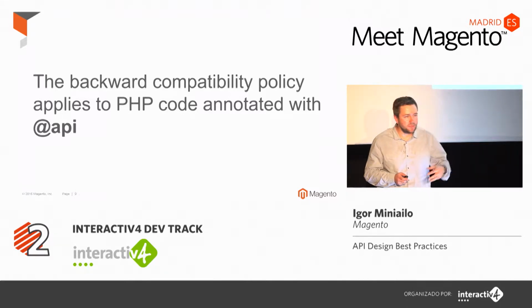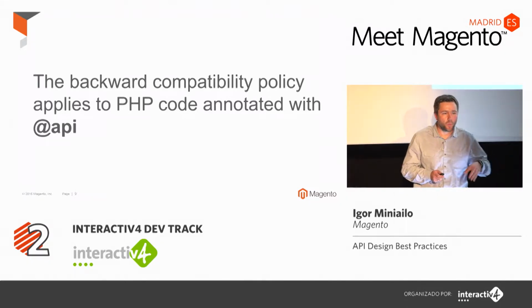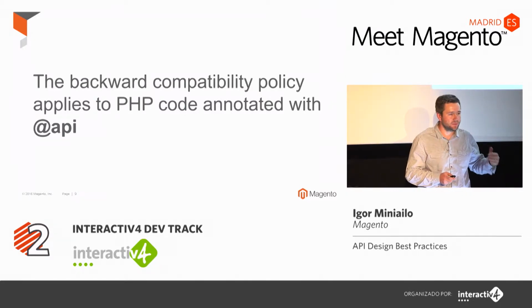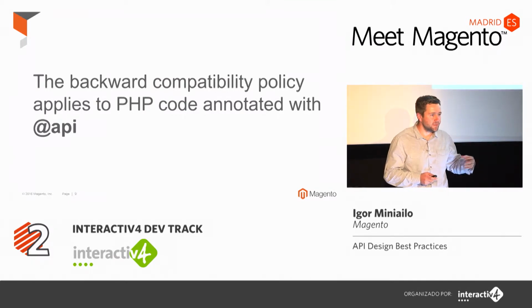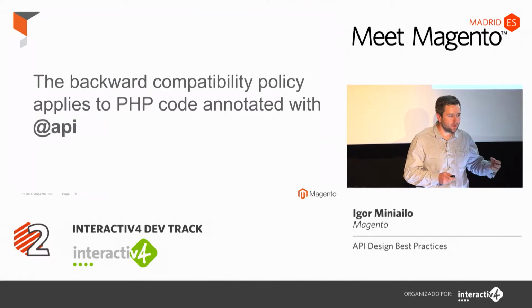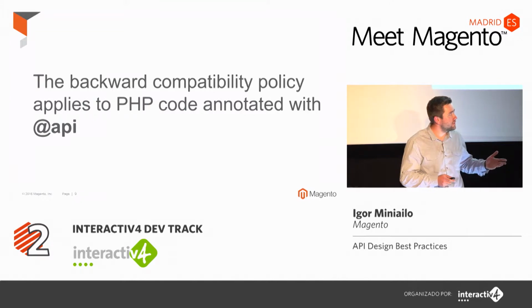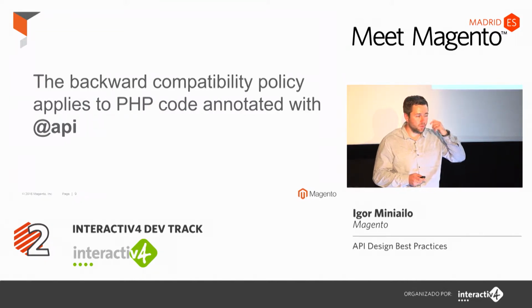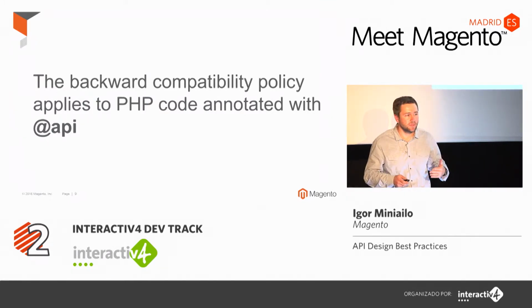So you can see in our code base for the interfaces and sometimes for classes, we make a PHP annotation of the API for these entities, which we consider a part of the API. And Magento guarantees that these entities are following semantic versioning. So for example, if you are relying just on the Magento APIs, you can easily upgrade Magento to the next patch version, and that would not lead to backward incompatibilities and break in your system.